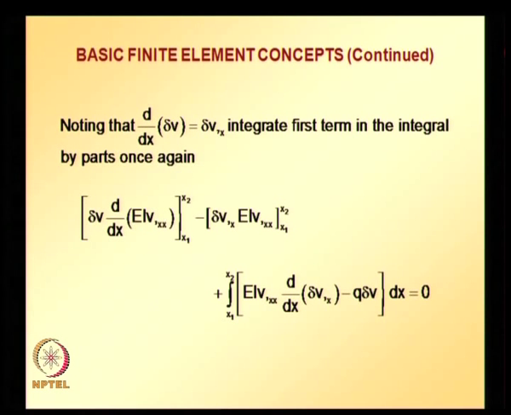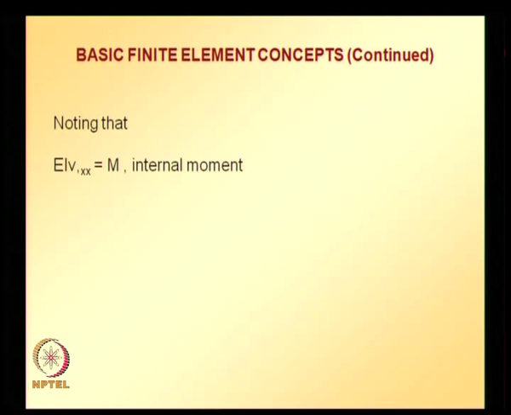And now wherever EI times the second derivative of v appears, we can replace it with M, the internal moment, and wherever EI times the third derivative of v appears, we can replace that with the internal shear. Also, we can apply a variational identity to rewrite this equation. So, this is the relation between internal moment and transverse displacement, and internal shear and transverse displacement.